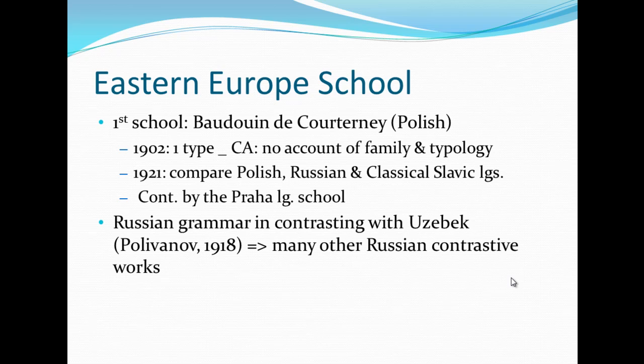In the early 20th century, 1902, he already suggested a kind of contrastive analysis that did not take into account language family and language typology. This kind of analysis was later promoted in order to describe languages as they are, without being influenced by the other views of European languages.